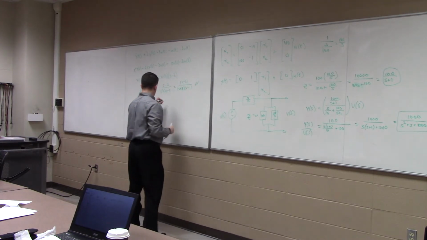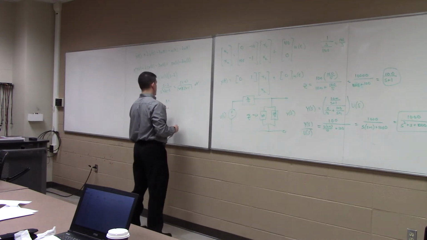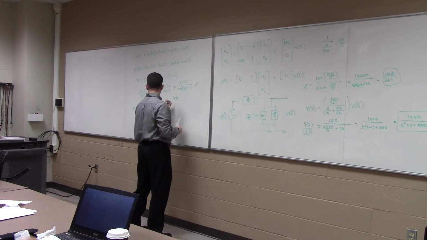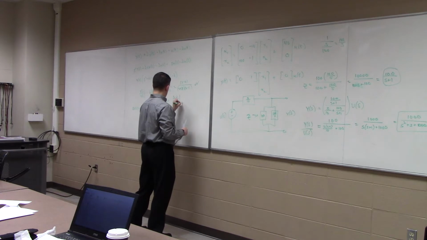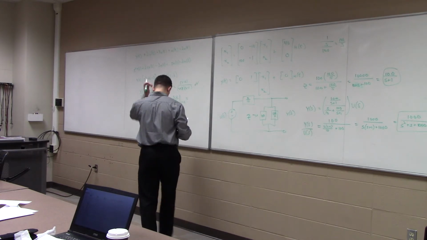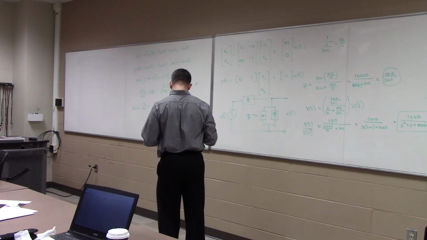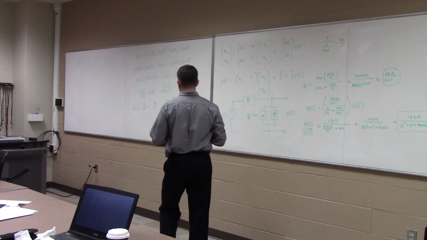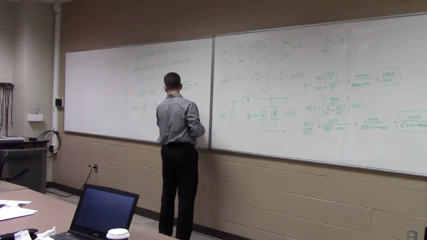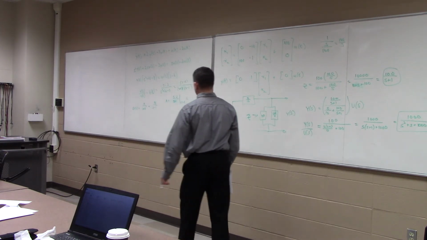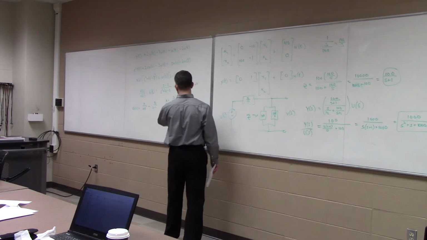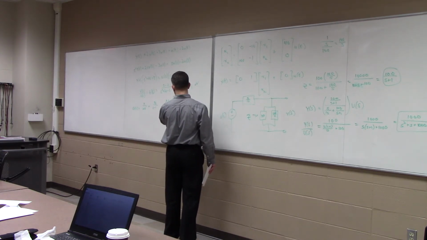So if I solve for A, it's just going to be s minus 2 all over the remaining factors. If I solve for a, with s equal to 3, it'll be -5 over -2.